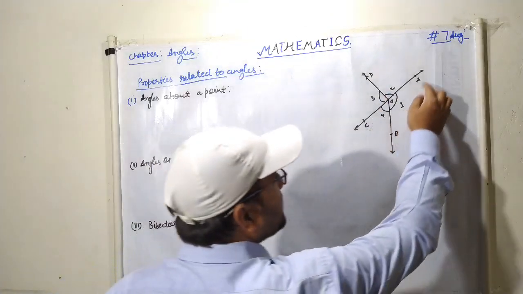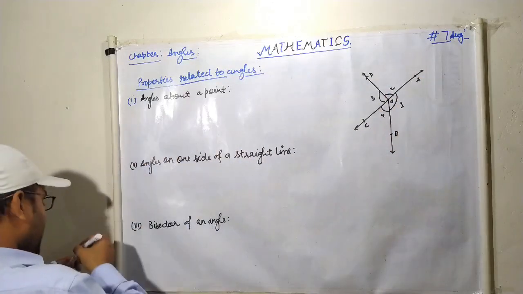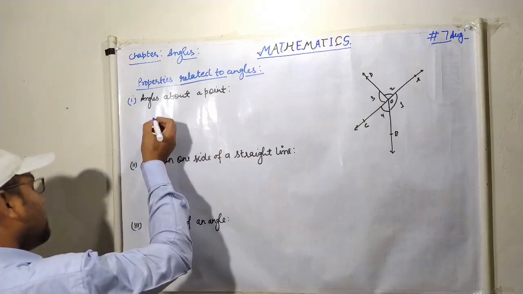So angle 1 is angle AOB. Sum of all angles about a point is equivalent to 360.